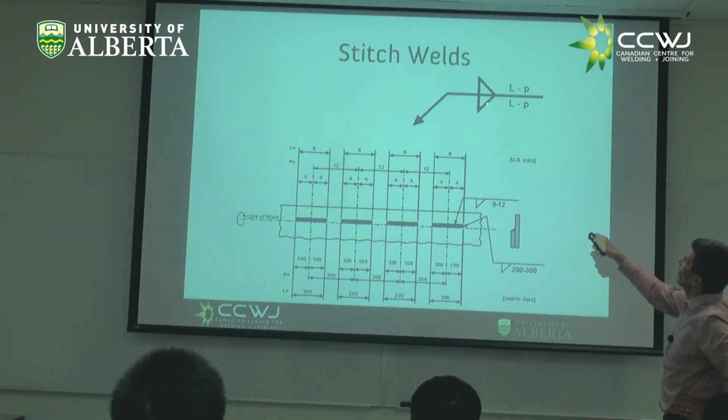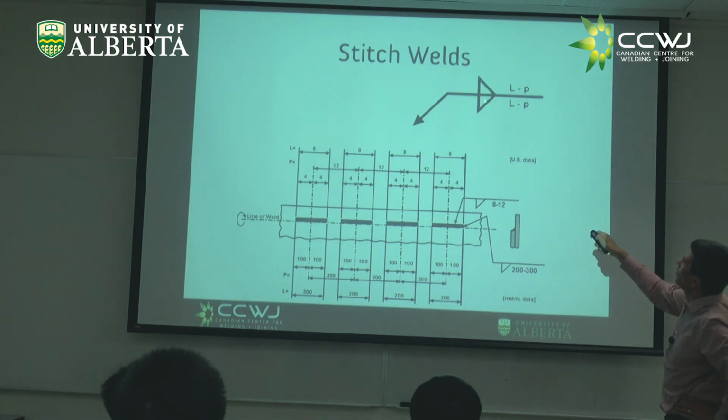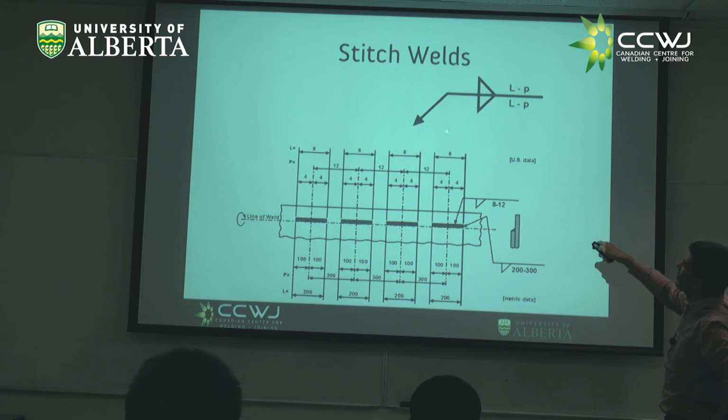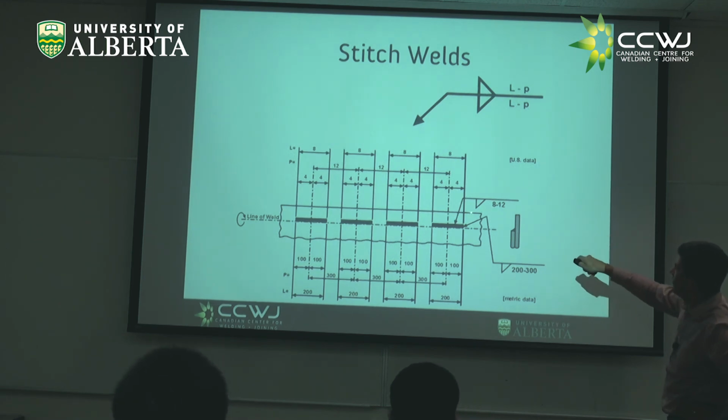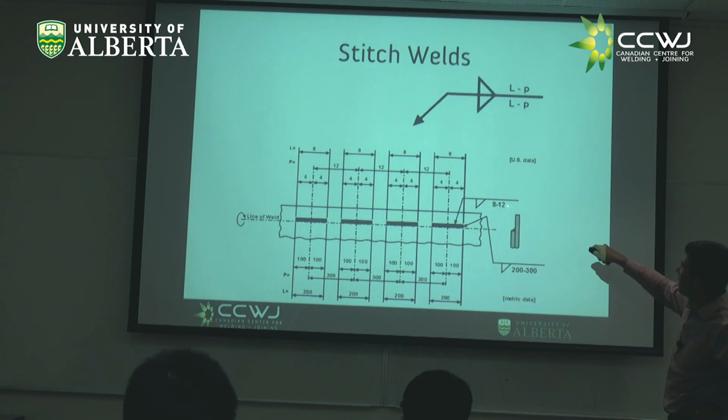So in this case, what you're saying is on both sides, you're having a stitch, a fillet, that has this length and this separation. For example, here. In this side of the weld, you have this 812, means 8 millimeters long, 12 millimeter pitch.